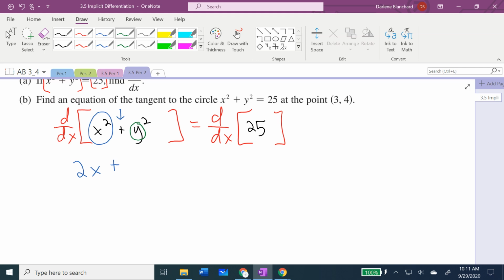The mommy function is blah squared. The power rule says the derivative of blah squared is 2 blah. The chain rule says that I take the derivative and I give mommy her baby and I multiply by the derivative of that baby with respect to x.